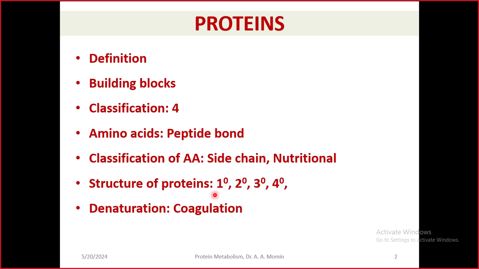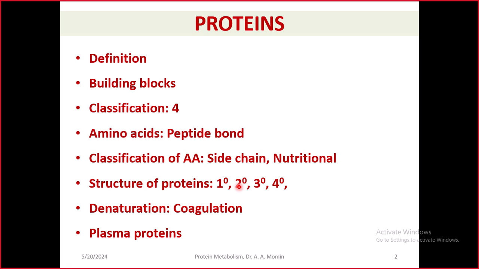That means if the denaturing agent is removed, it can be converted back to its native structure, maybe quaternary, tertiary or secondary. So denaturation can be renatured. The difference between denaturation and coagulation is that the coagulated protein cannot be renatured, it cannot be converted to its native form. So it is permanent denaturation.